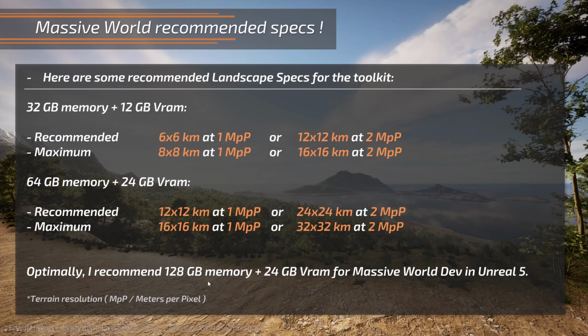However, optimally, if you want to create a large world at high precision levels, such as 1 meter per pixel, I do recommend that you have 128 gigabytes of memory in your system and 24 gigabytes of VRAM. This makes everything a bit easier and allows you to run both Unreal and Houdini simultaneously without worrying about running out of memory at any point. At least if you're being reasonable.